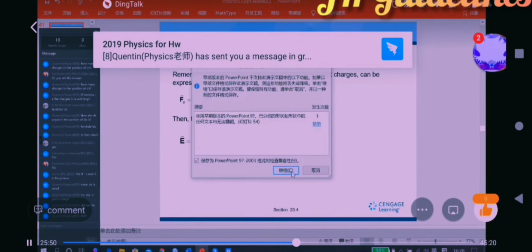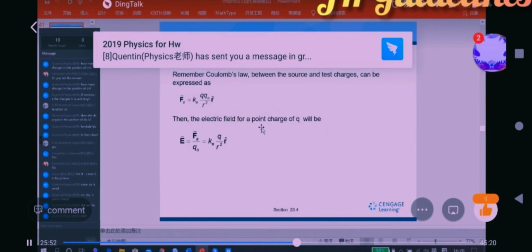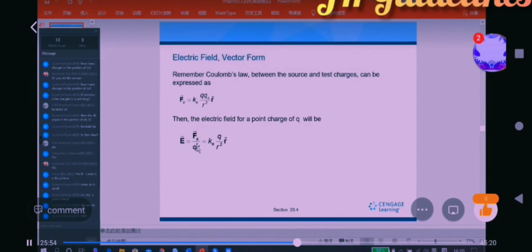This is the vector, but the magnitude of this electric field will be Ke times Q divided by R squared.